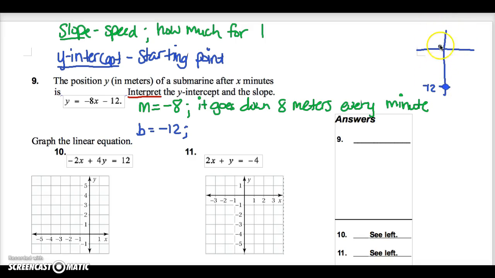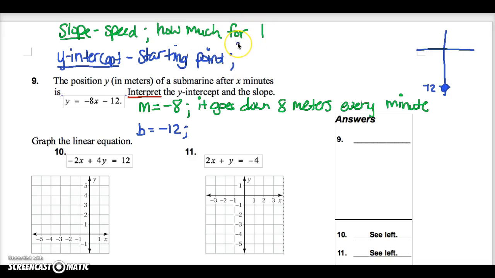The y represented meters, so this is the depth. Okay. It's 12 meters below the water. Your x represented the time. So if you notice, when my point is right here, I am at 0 minutes. Okay, so you're basically starting at whatever your y-intercept is.